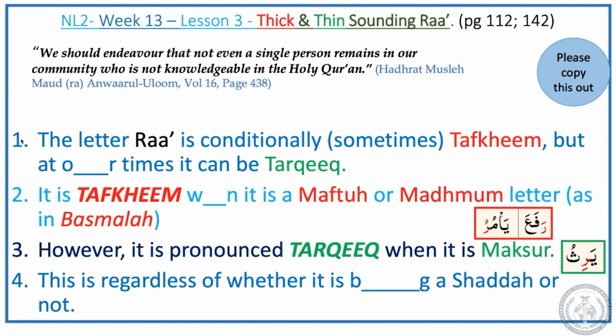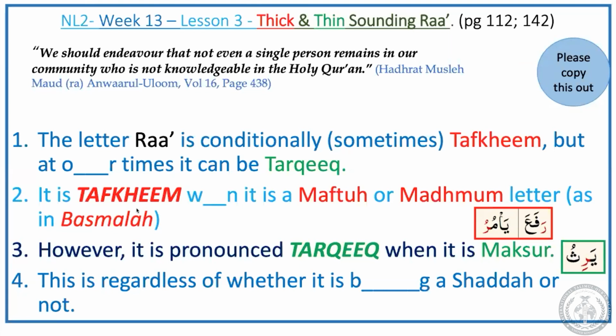Lovely. And also, if I can get you to read the question number 1, please, beta. The letter Ra is sometimes tafkhim, but at other times it can be tarqiq. Yes. So we say Ra. Number 2, can you continue please, beta?